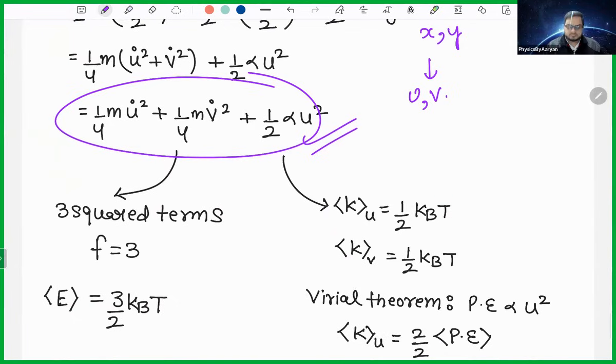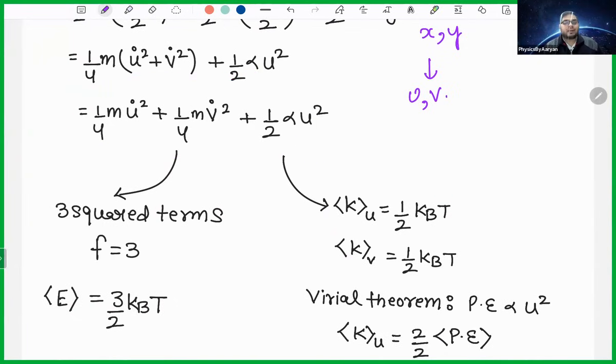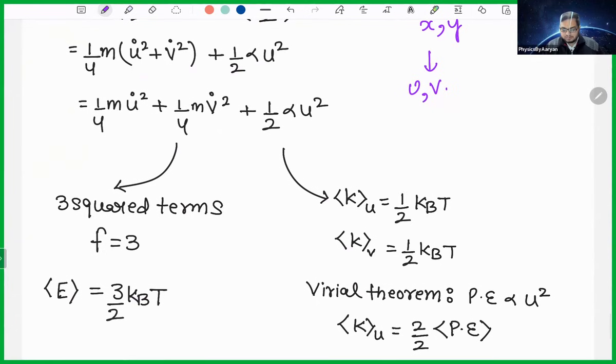So that is one way of doing it. Now try to apply the virial theorem. One term is giving kinetic energy because of u, and one term is giving kinetic energy because of v. So the average kinetic energy because of u is 1 by 2 kBT, and because of v is also 1 by 2 kBT.